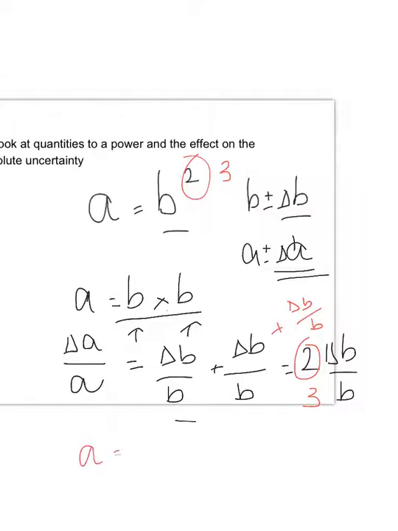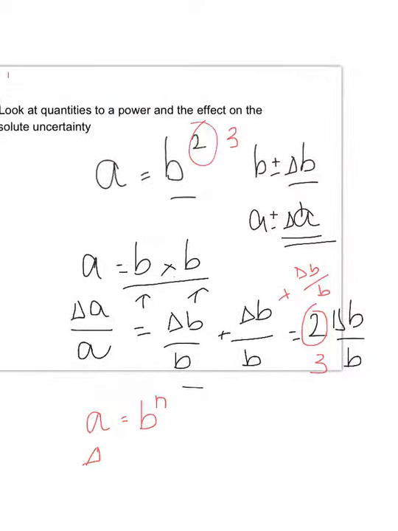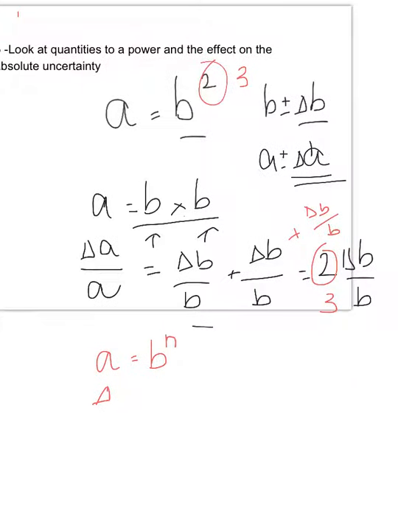If we have a quantity B to the power n, then the fractional uncertainty in A is equal to n, the power, times the fractional uncertainty in B. Alright, so that's the general rule.